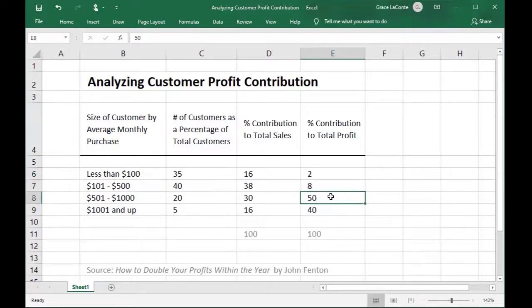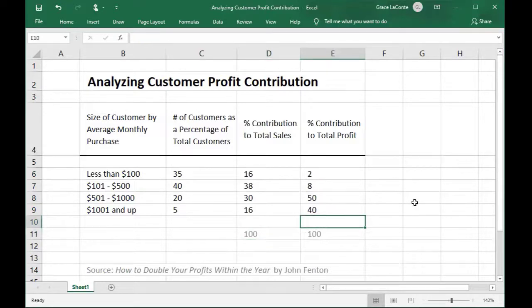And then look at this, 50% of the total profit for this business is coming from purchases of $501 to $1,000. And 40% are coming from purchases of $1,001 and up. So back down here you can see that 100% is the total for the sum of these percentages, just to double check the numbers there.